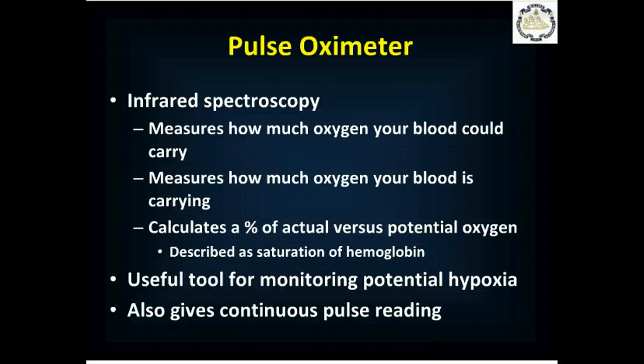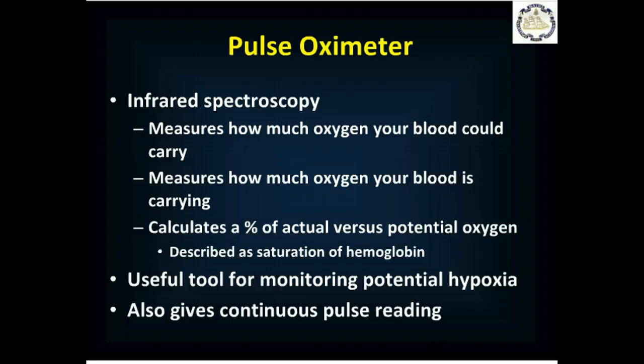And so this infrared spectroscope called the pulse oximeter basically measures how much hemoglobin you have, and of that, how much has oxygen bound to it. And it gives you a percentage, and that's described as saturation of hemoglobin with oxygen, or oxygen saturation.